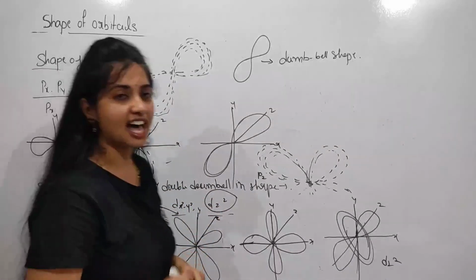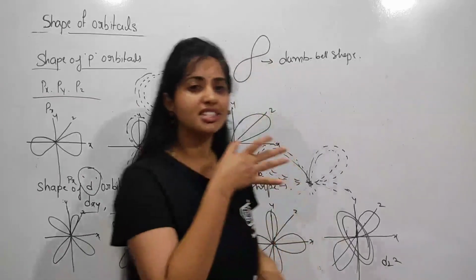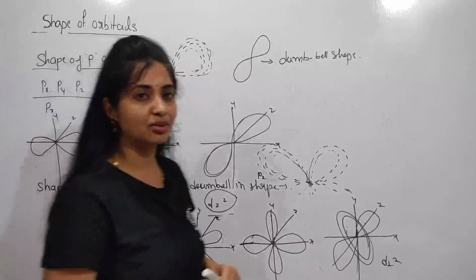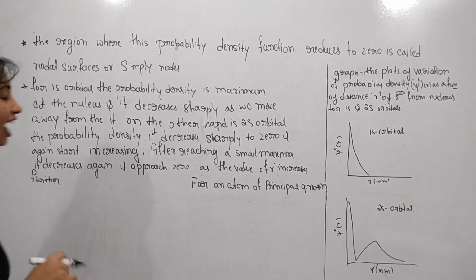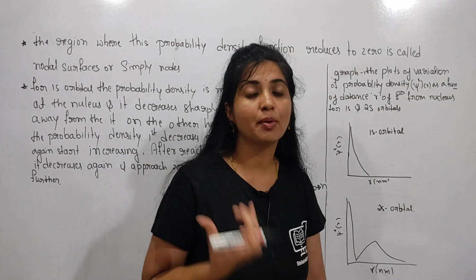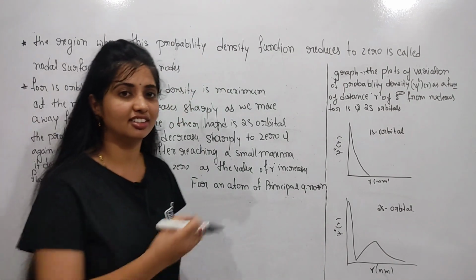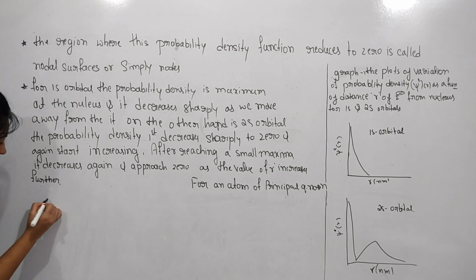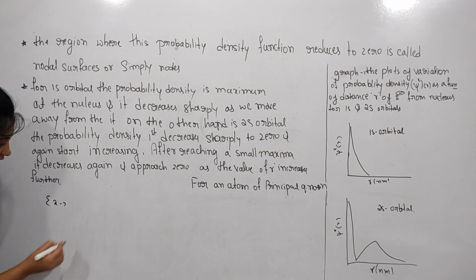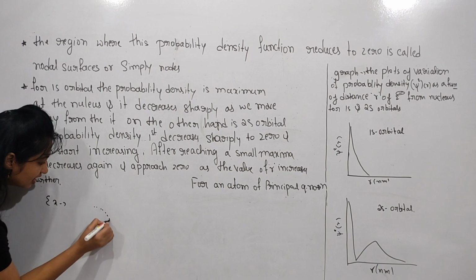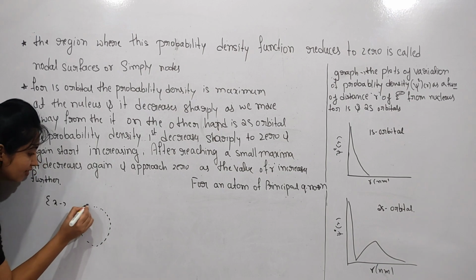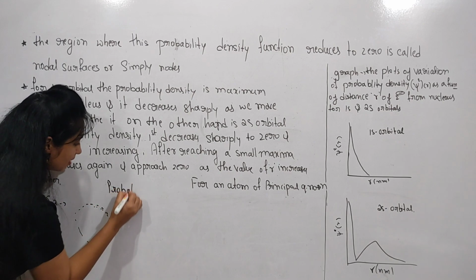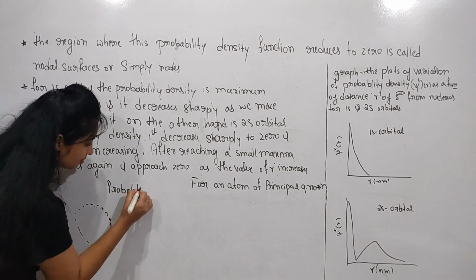And another term is node. So what is the meaning of node, and what is the meaning of a radial node and angular node? See here, I already told you the total probability density gives us the shapes of an orbital. In the example of an s orbital, the probability density is denoted by psi square.